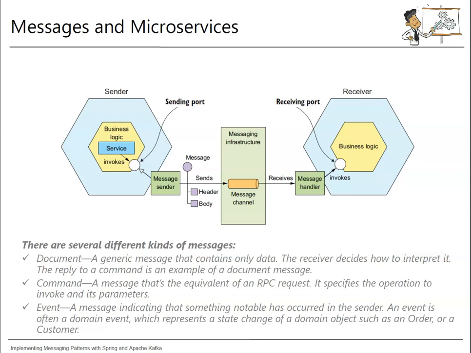It specifies the operation you want to perform on the consumer and the parameters you would like to pass to this call. The third type of message we have is what we call events, and normally these events are associated with state changes that you want to notify other participants. Usually domain objects are a good example of events.